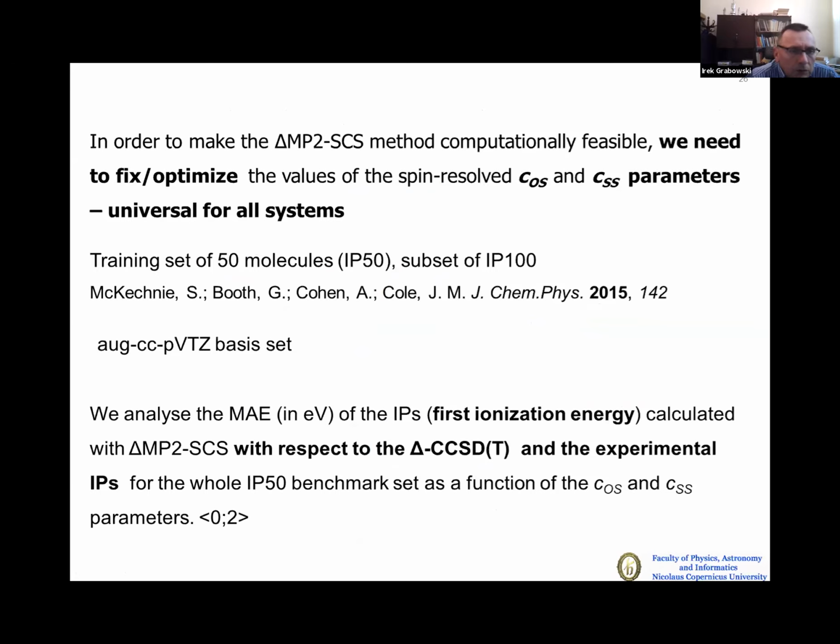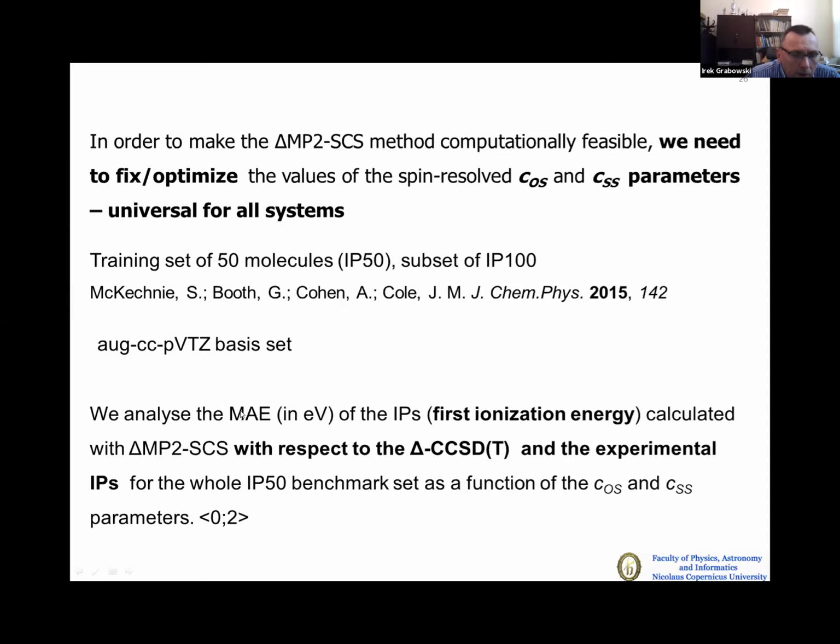So we chose the training set of 50 molecules, which is a subset of some bigger benchmark proposed by McKinney, Coe, and Cole 5 years ago. Most of the calculations were carried out in the augmented cc-pVTZ basis set.